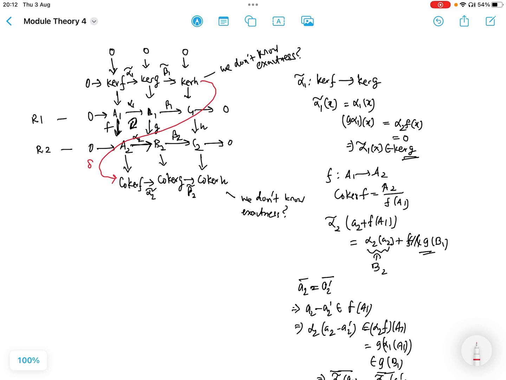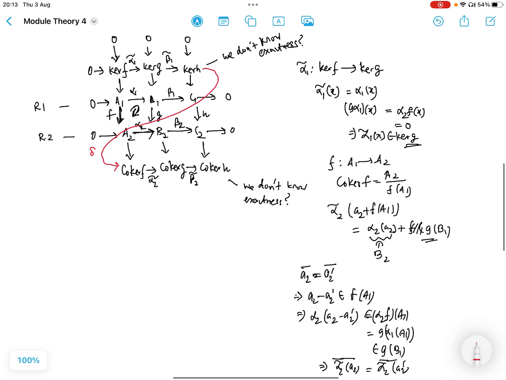So this is the existence of such a map. I have not proved whether such a map exists or not, but suppose we have managed to prove that one such homomorphism exists from kernel of H to co-kernel of F. If you just remove all of those rows in between, you get a sequence: kernel F, kernel G, and kernel H. Now here is the map we are interested in.